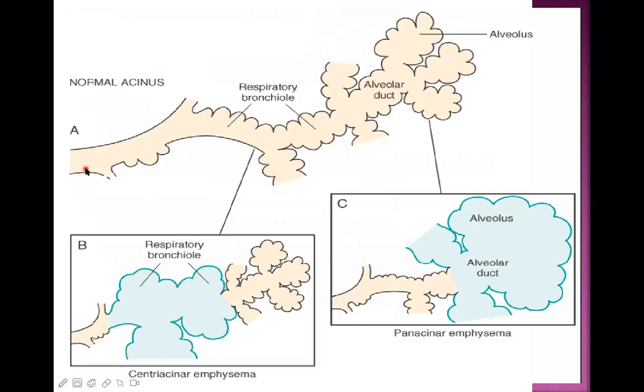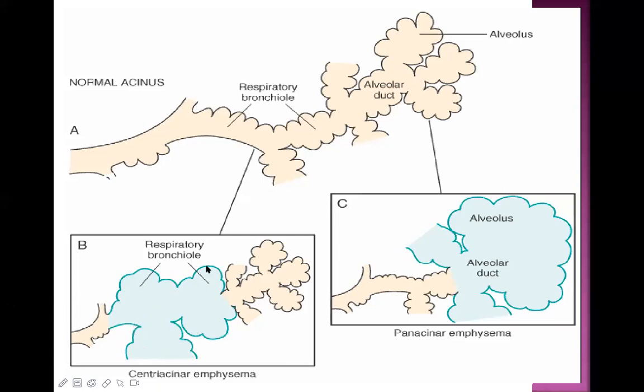See here, this is the normal acinus. So this is the respiratory bronchiole, this is the alveolar duct, and these are the alveoli. Now what happens in case of centriacinar? See this. This is the respiratory bronchiole side. Towards the respiratory bronchiole side, there is dilation, meaning the expansion is occurring towards the proximal area. This is called the proximal site.